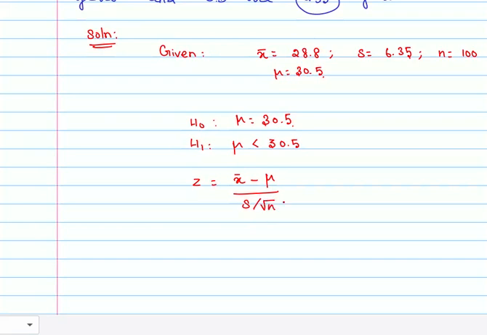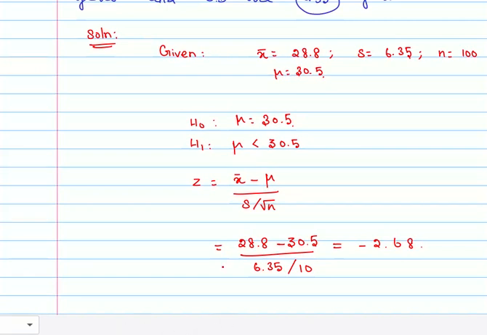X bar is 28.8 minus mu value 30.5 divided by 6.35 over 10. If you use your calculator, you will get the value minus 2.68.